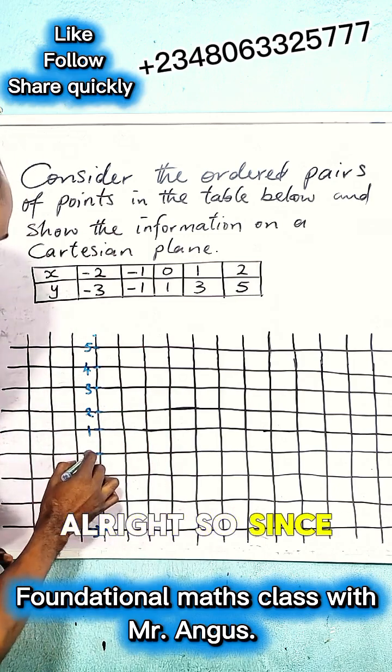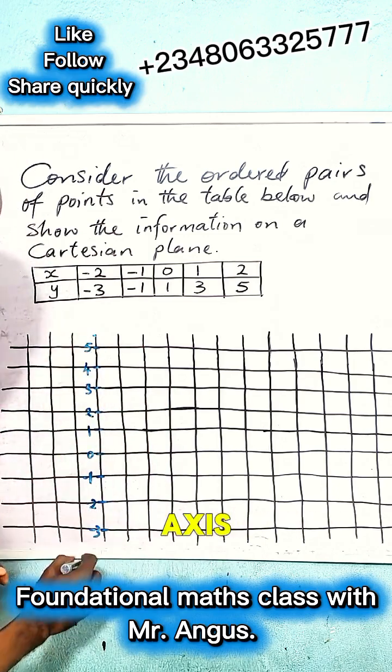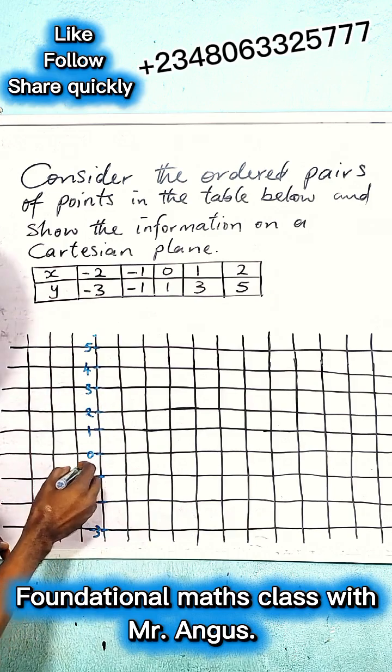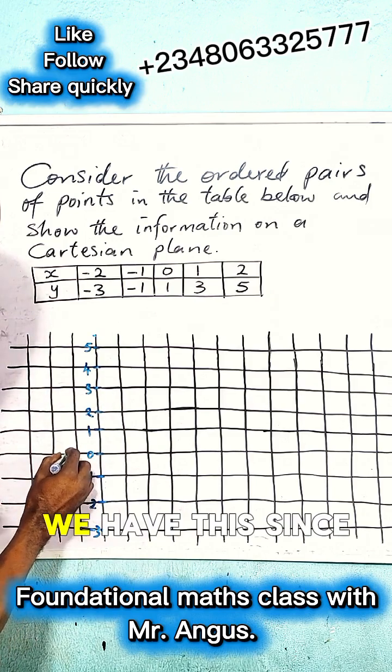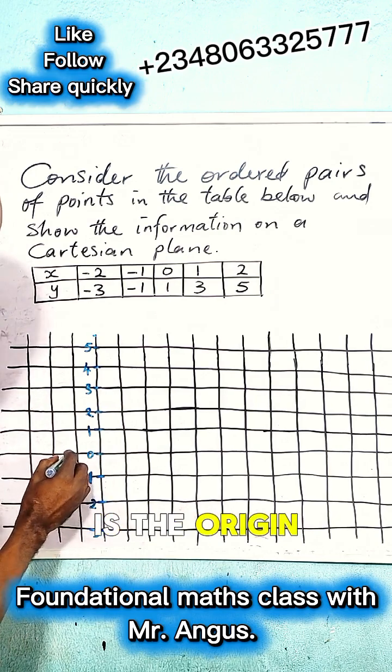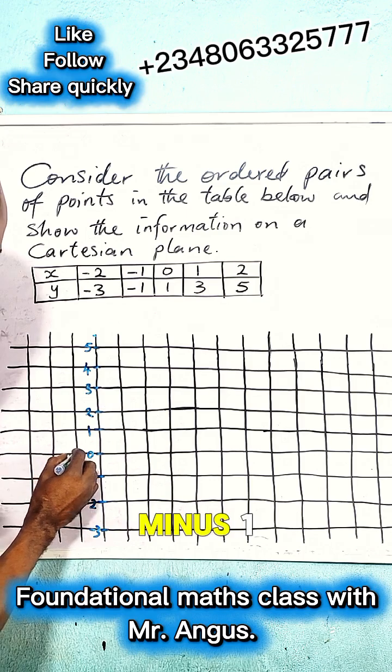All right, so since we have this on the y-axis, then let us also have that of the x-axis. We have this, since here is 0, that is the origin. We have this as -1.